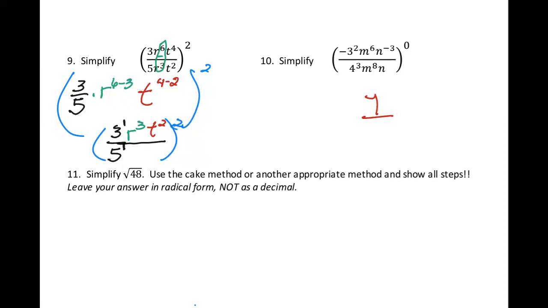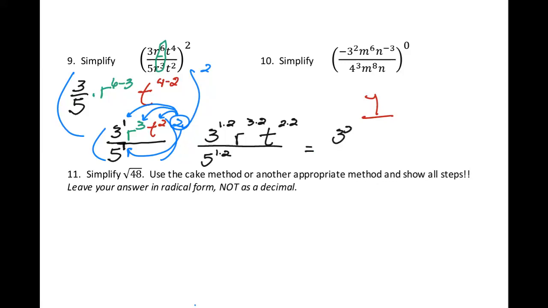So this means you are now multiplying 2 times 2, 2 times 3, 2 times 1, and you also multiply by anything that has an exponent on the bottom in the denominator. All right? So that becomes 3 to the 1 times 2, r to the 3 times 2, t to the 2 times 2, all divided by 5 to the 1 times 2, which is 3 squared, r to the 6th, t to the 4th, all divided by 5 squared.